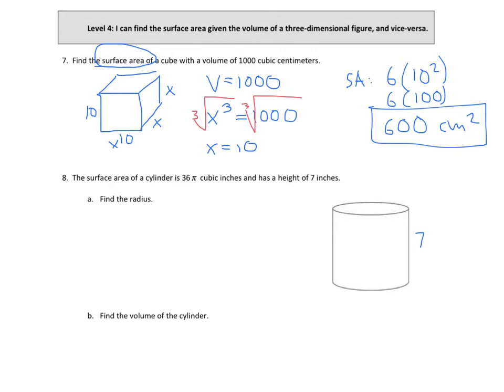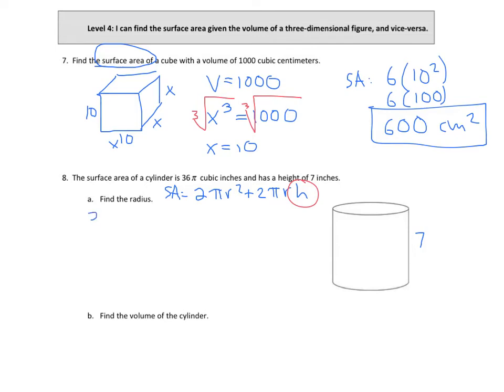The formula for the surface area of a cylinder is 2 pi r squared plus 2 pi rh. And in this case, we know h, so we can plug that in, but we don't know r. That's what we need to find first.